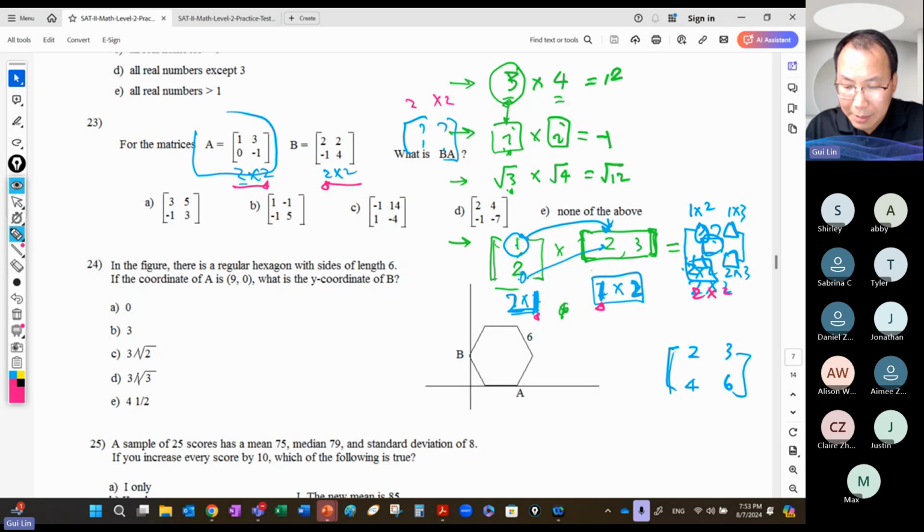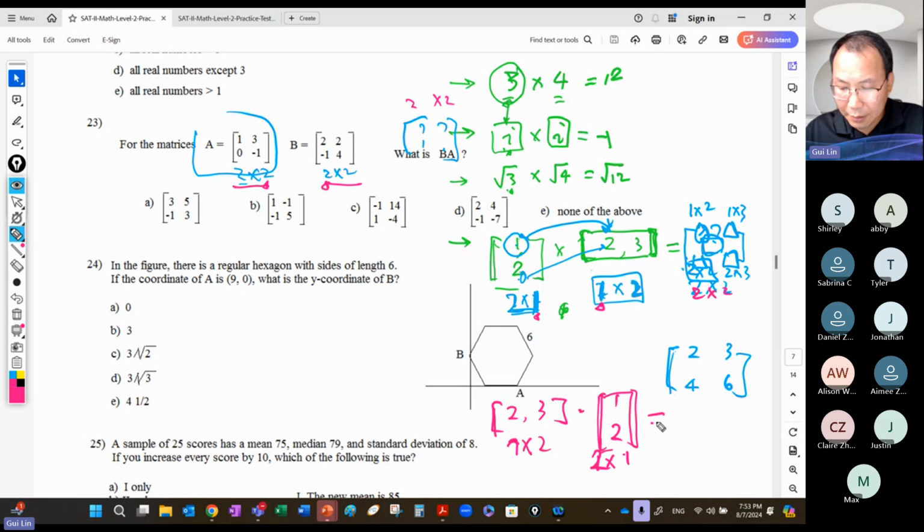But what about switching them? What about switching here? Here is 1 by 2 and here is 2 by 1, so multiplied together it becomes only 1.